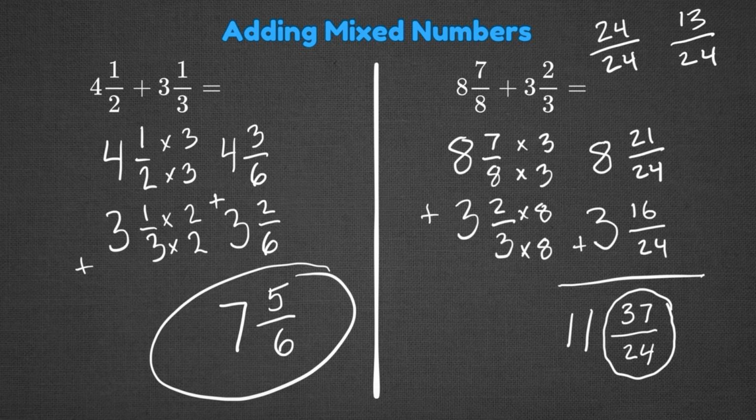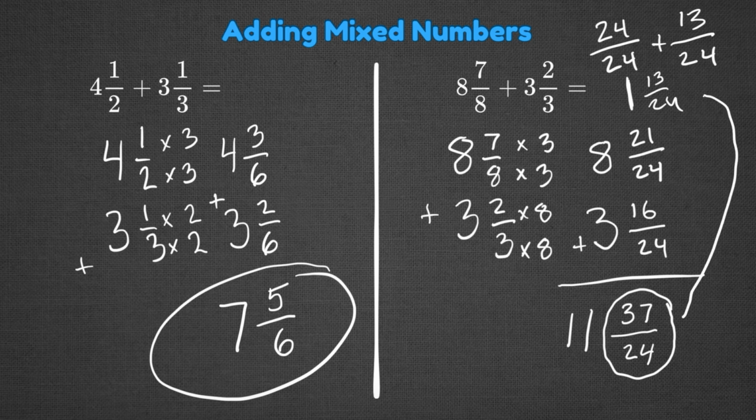So when I say that I have 37/24, what I'm really saying is I have 24/24 and 13/24. And we know that 24/24, another way of saying that is 1 whole. So what I have is 1 whole and 13/24.